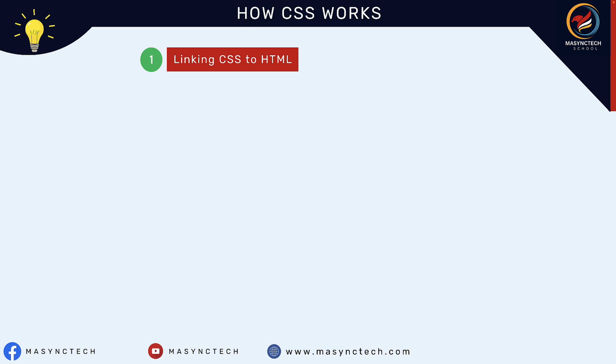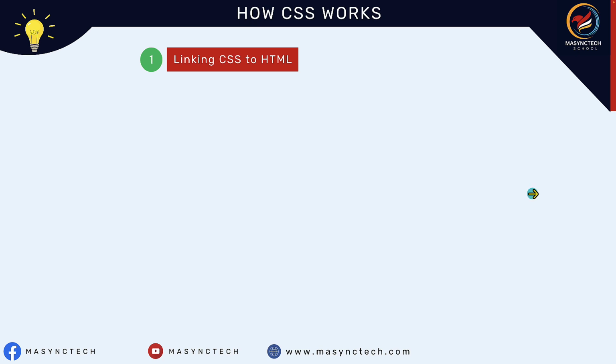If you don't do that, then the browser is going to inject some default styles called the default browser style sheet, as we have spoken about. So the first step is that CSS must be connected to the HTML document. This can be done in 3 ways, and we have a section or a video to talk about how we can link CSS to HTML.